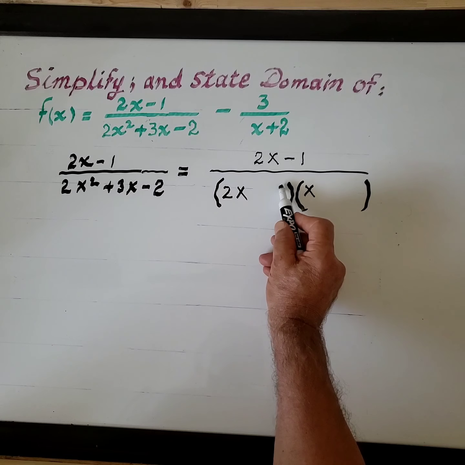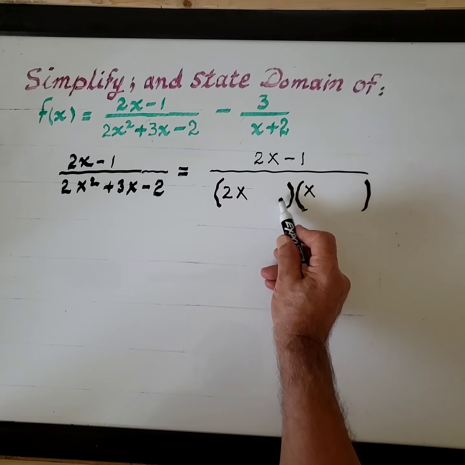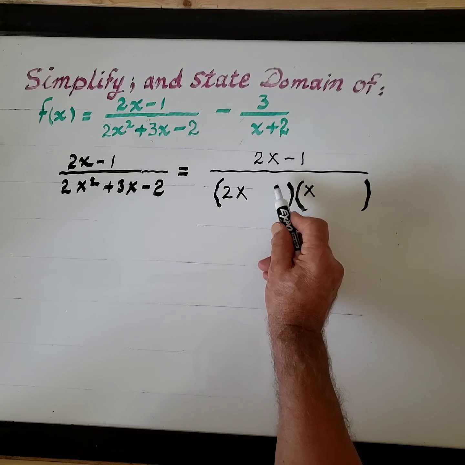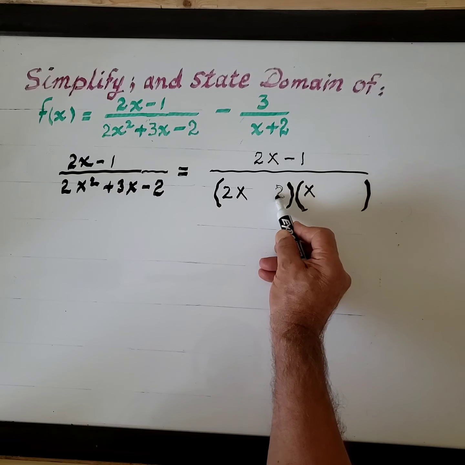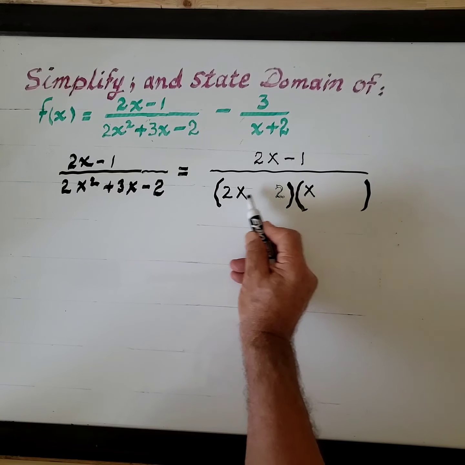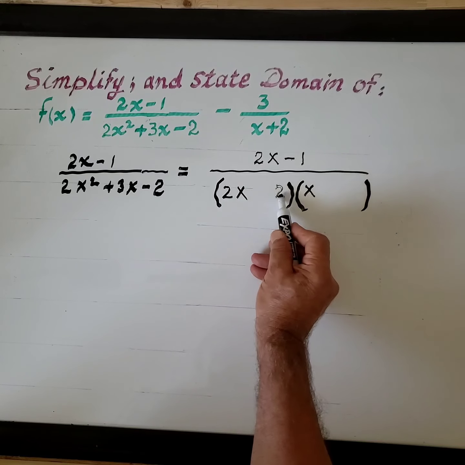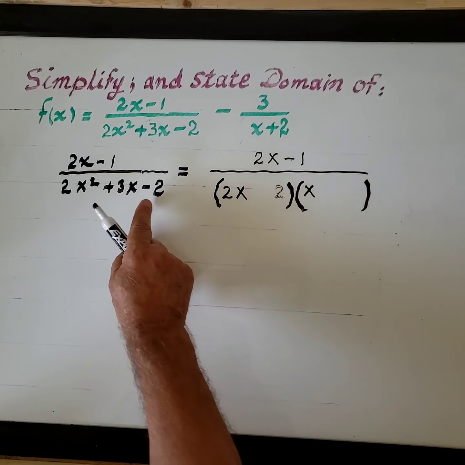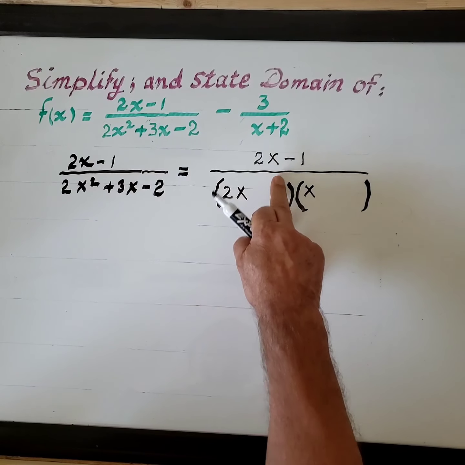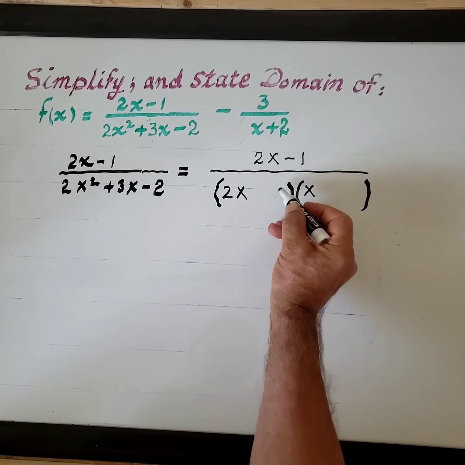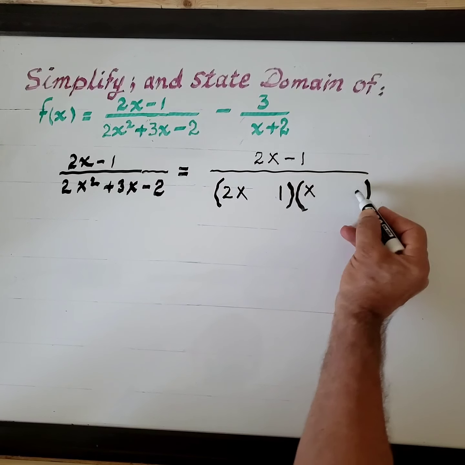We should write here 1, and here 2. We can't write 2 here, because if we write 2 here, that means there's a common number, which is 2, which is wrong, because there are no common numbers here. That's why I will get 1 here and 2 here.